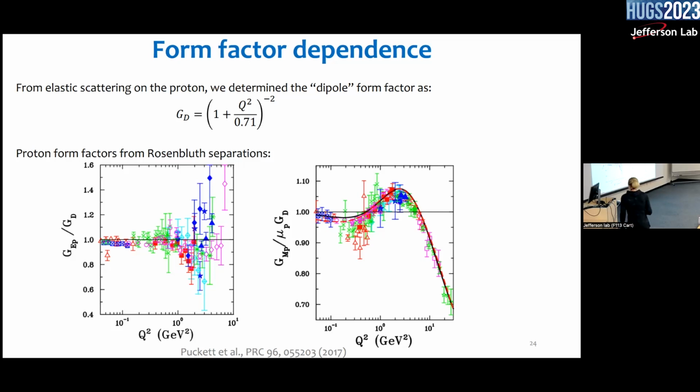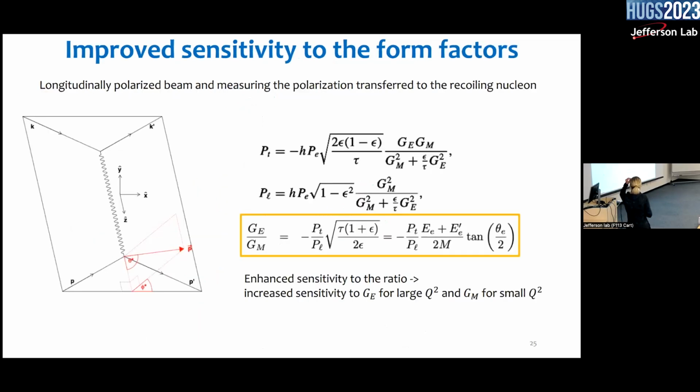So you can look at the helicity amplitude of the single photon exchange, which has an increased asymmetry for double spin asymmetries. What does that mean?